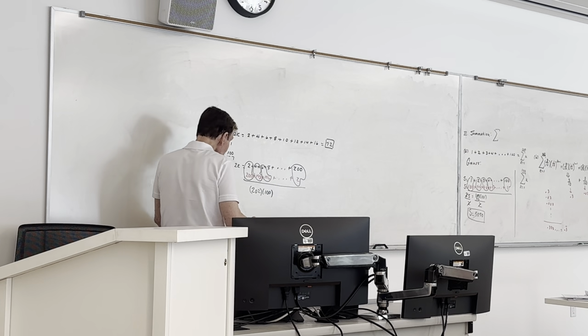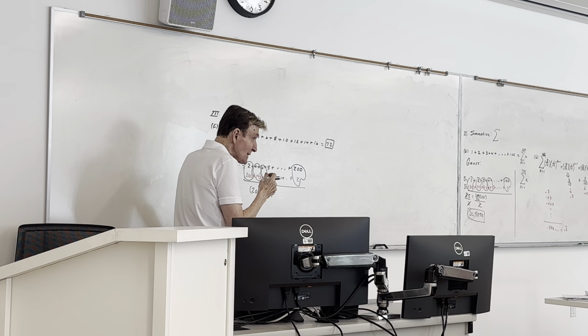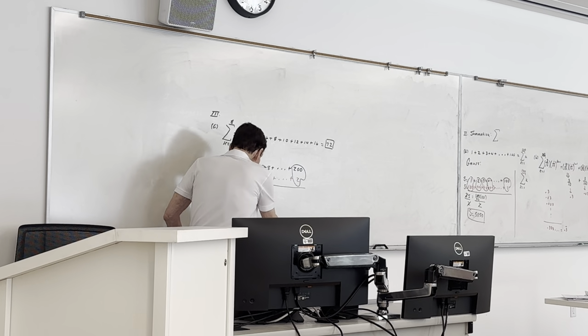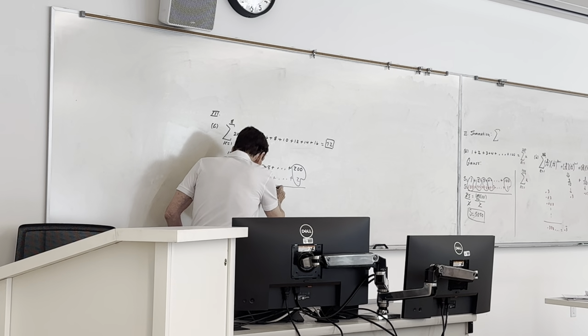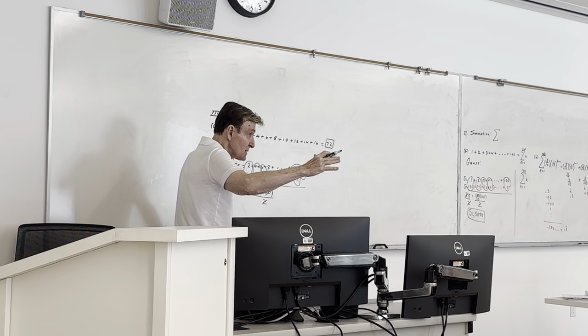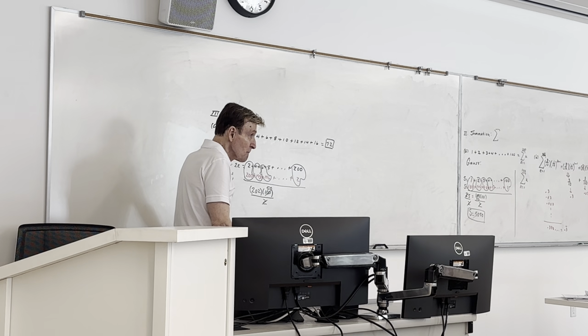But I have to divide by 2 because I was adding twice. That's what Gauss did. And then this into this is 50. Still a big number. 50 times 202, whatever that big number is, and that's the grand sum. You got it. Finished.